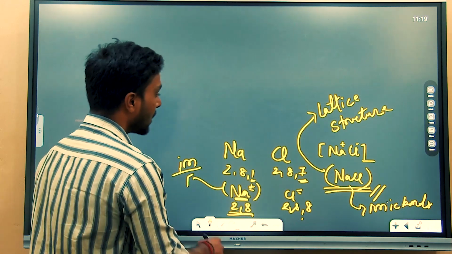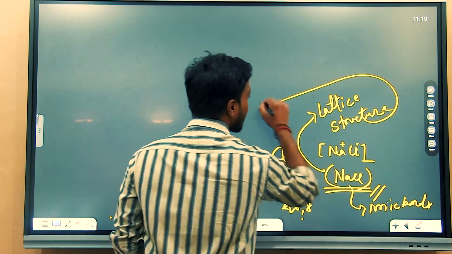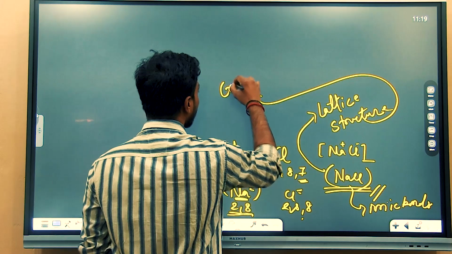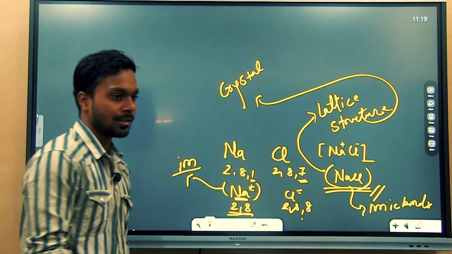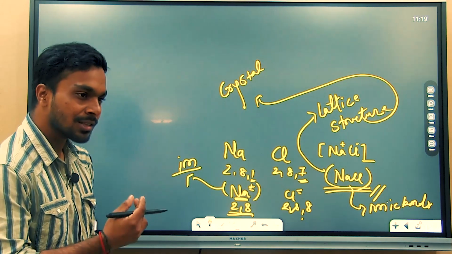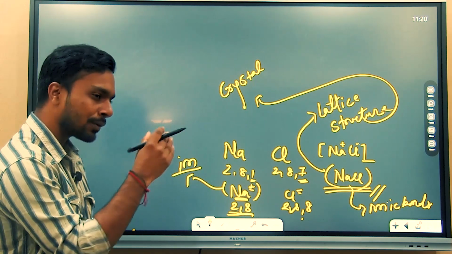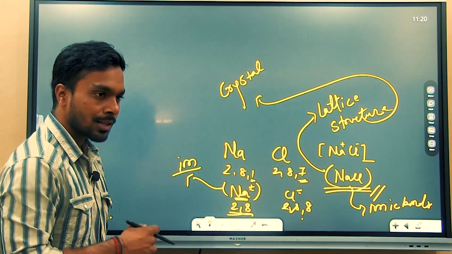Compounds or molecules which consist of ionic bonds have a structure that looks like a crystal. Have you seen crystals? Crystals have a definite structure, a proper structure.